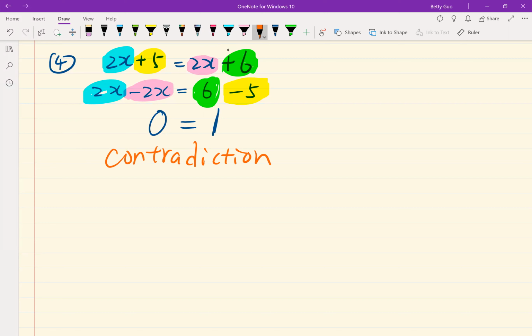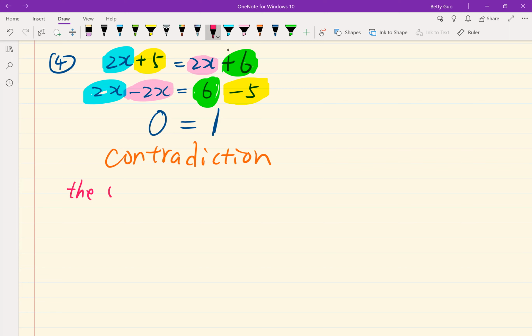We all know that. The original equation is a contradiction. If we have an equation, we solve it, and we get a contradiction, then the original equation is a contradiction. If the equation is a contradiction, the solution set is empty.